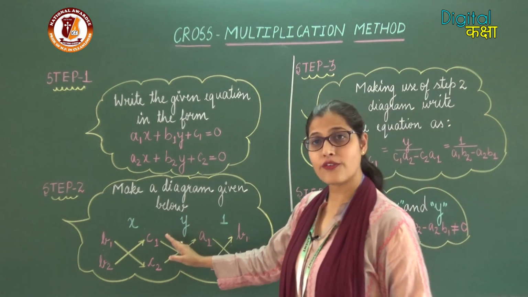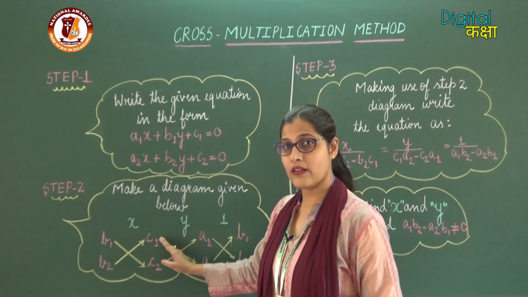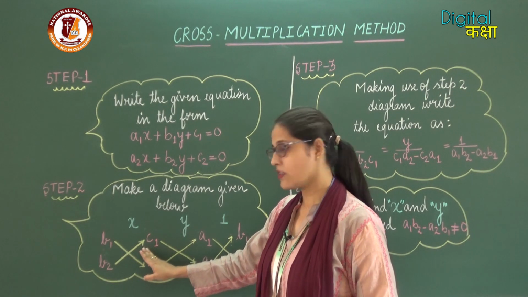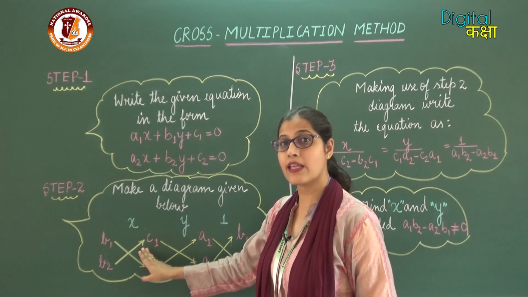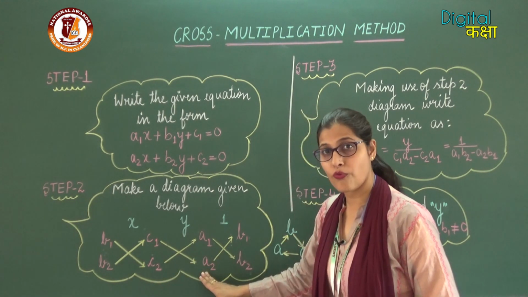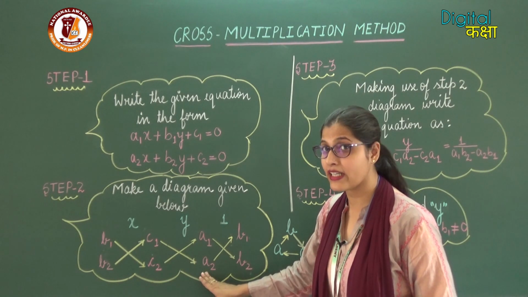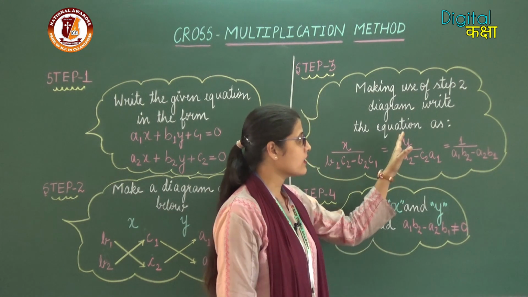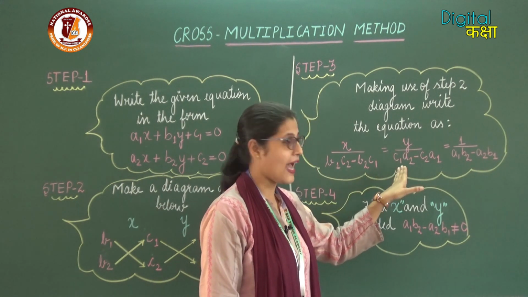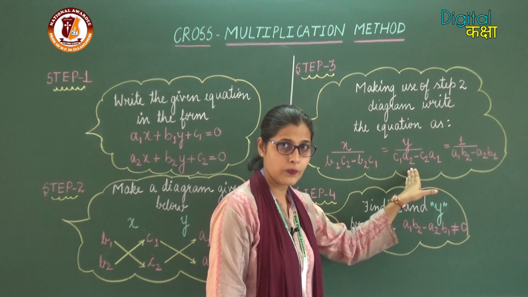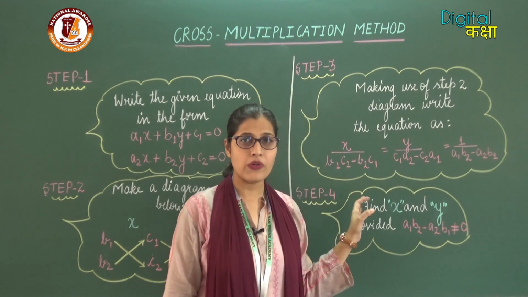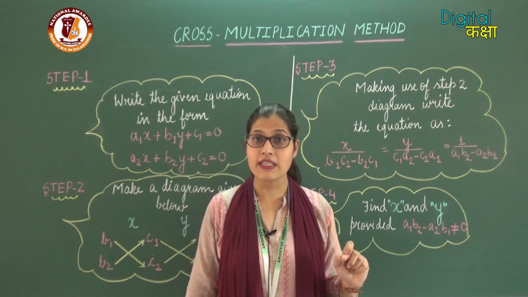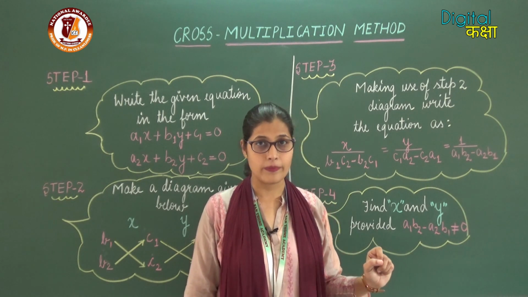Again we will multiply the constant c1 by the coefficient of x from the second equation, which is a2. So we will write here in the denominator of y, c1a2. As we have done before, again we will place a negative sign over there.